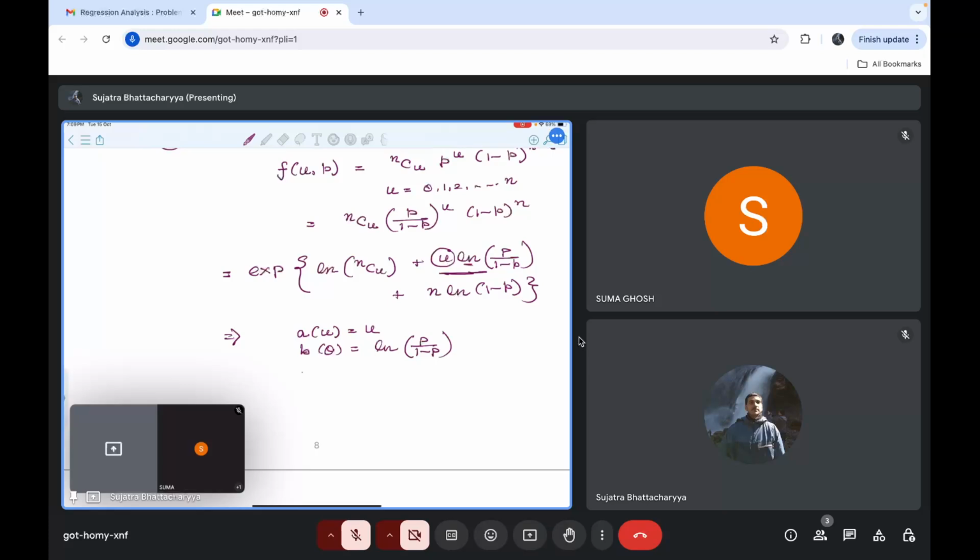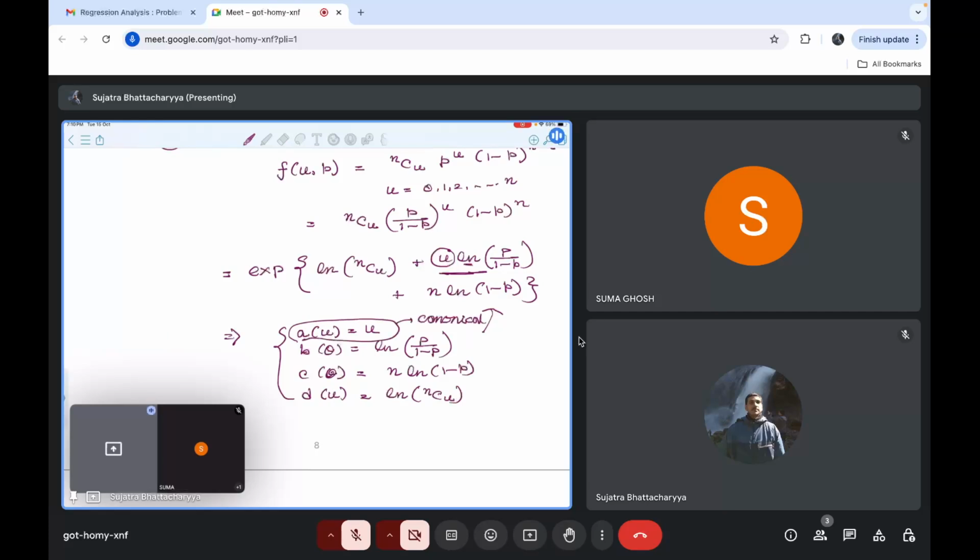What about C of theta? C of theta is n log of 1 minus p. And what about D of u? It is nothing but log of nCu. So all these things follow the form of an exponential family member. Therefore, this is also an exponential member, and also this is a canonical form, since A of u is u.